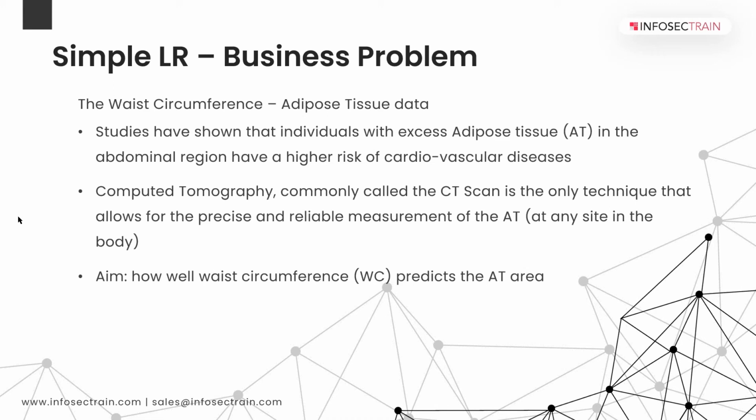So first, we are building the model for predicting the adipose tissues by using the waist circumference. Basically, we have the data of this waist circumference as well as the adipose tissue data of multiple people.